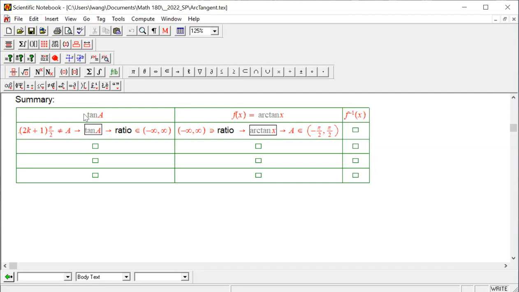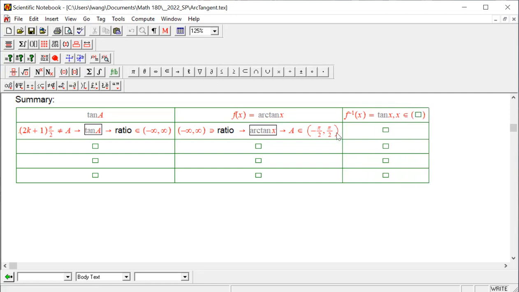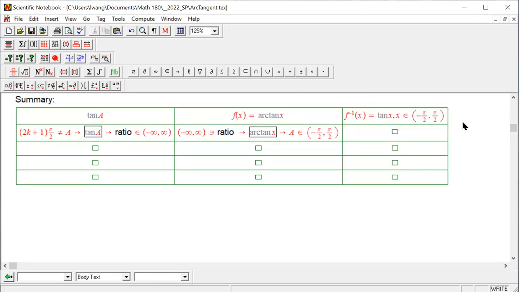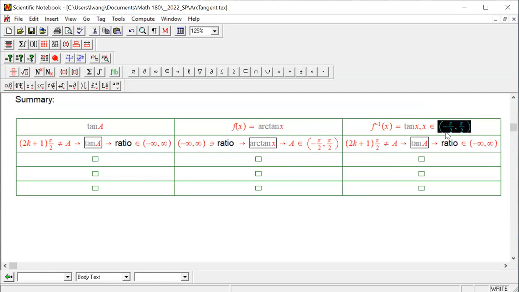The inverse of it is tangent, of course, but its x is from that open interval from here. So instead of that as input, if I put these together, the domain for it is going to be from pi over 2.